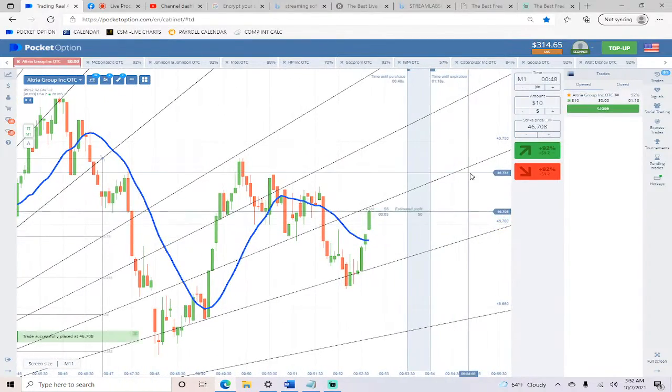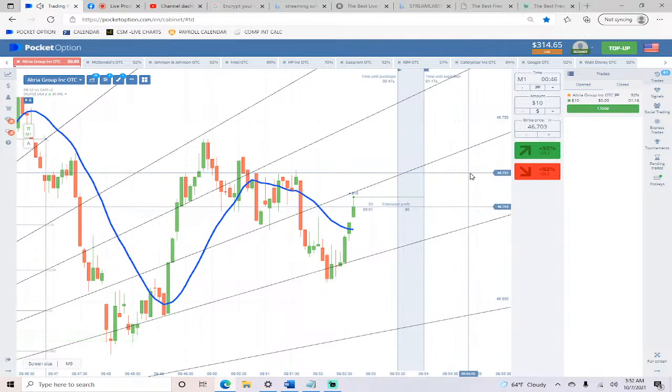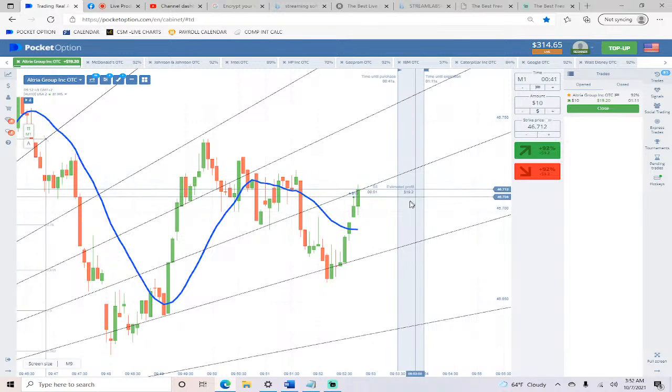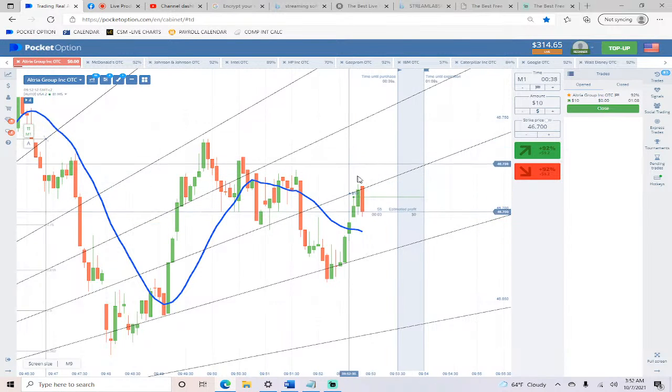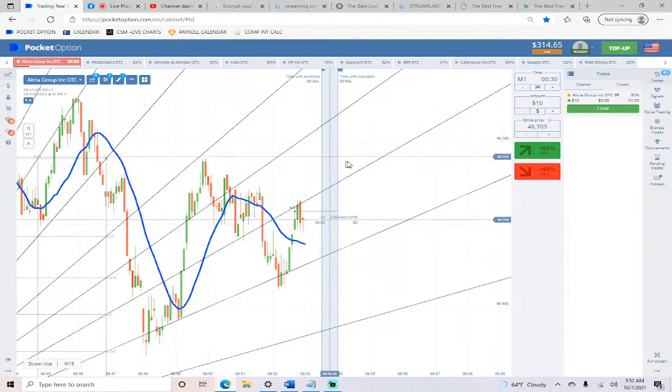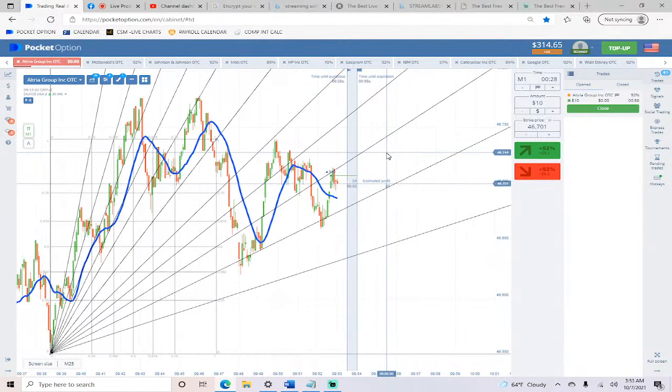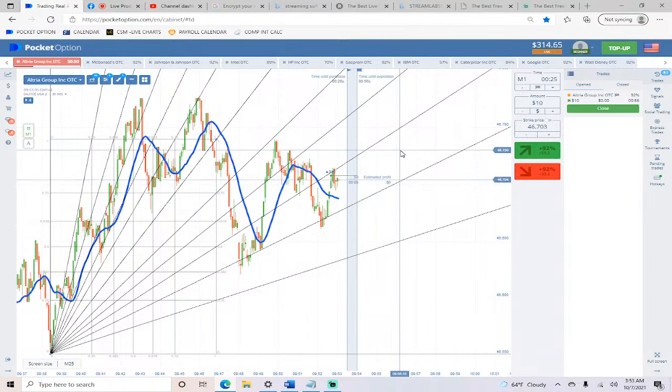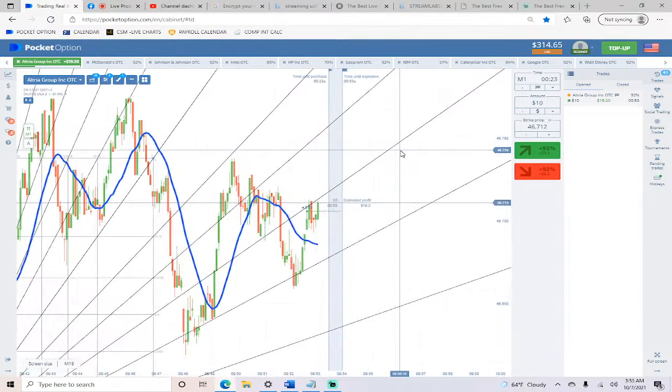Bounced it, busted. Let's try to hit the same scenario again. And that's the push-up that we wanted.